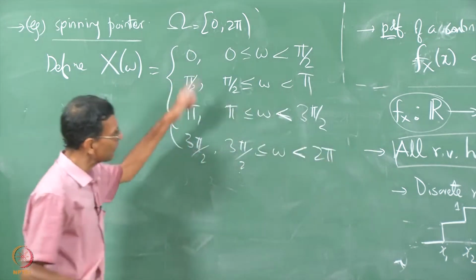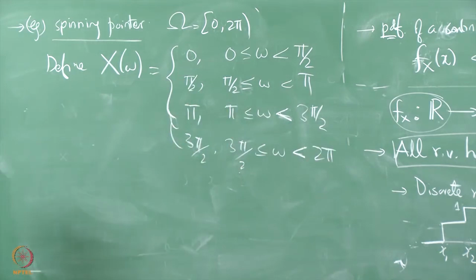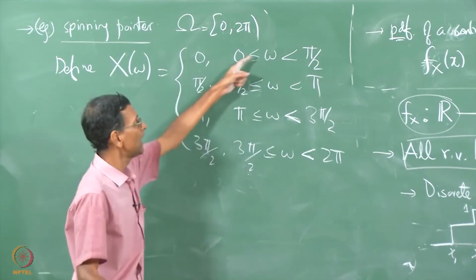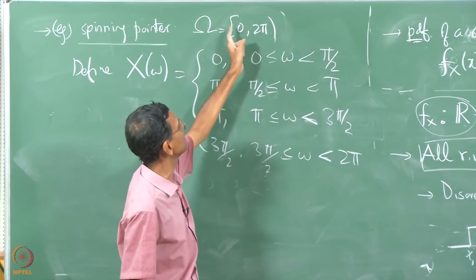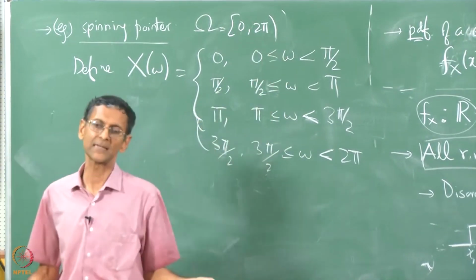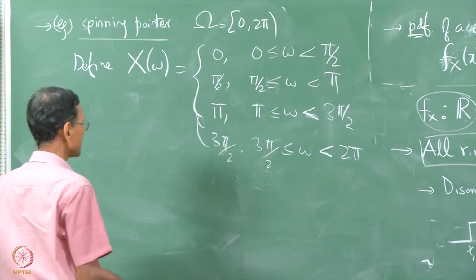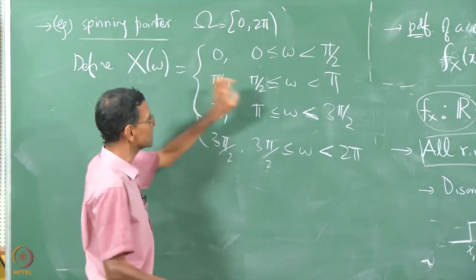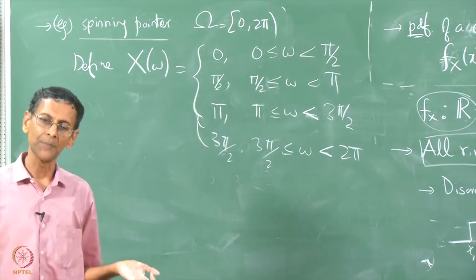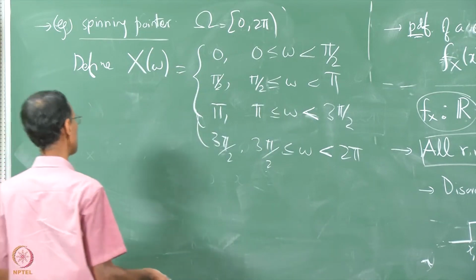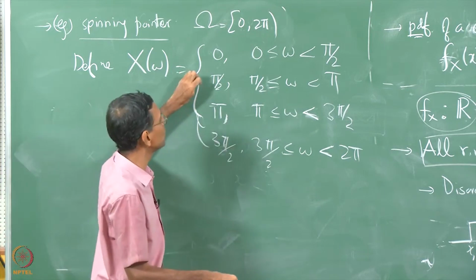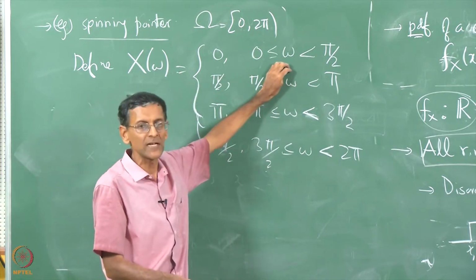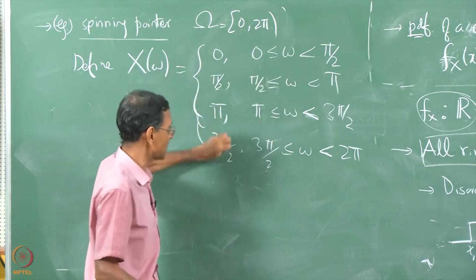So this is now a full specification of a random variable, because I have defined X of omega for all omega that can come out of the experiment. This is exactly something which fits our definition of what a random variable should do. It should take some real value based on the output of the experiment. That is what it is doing here.